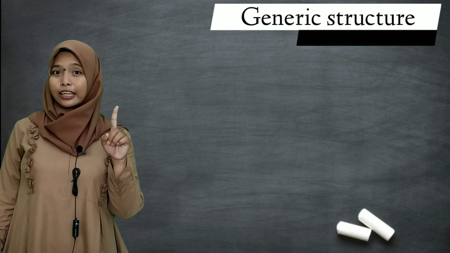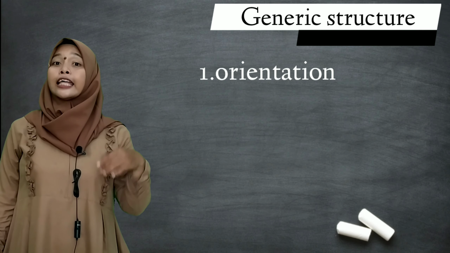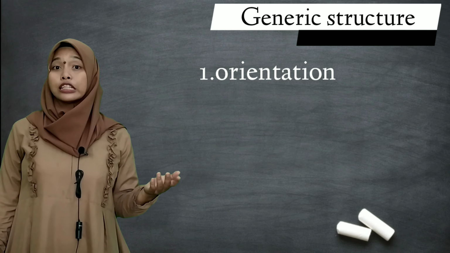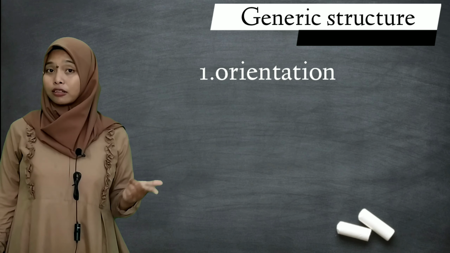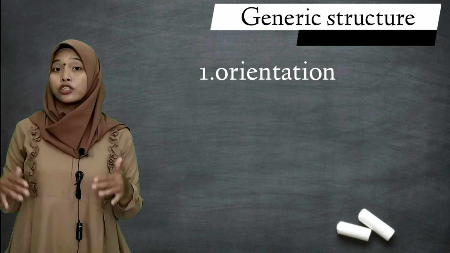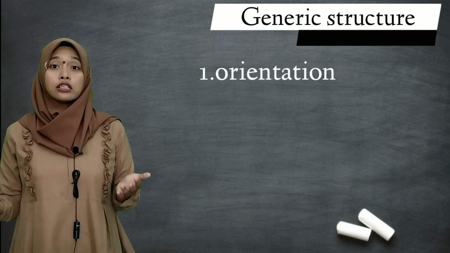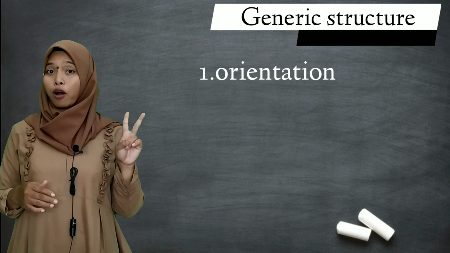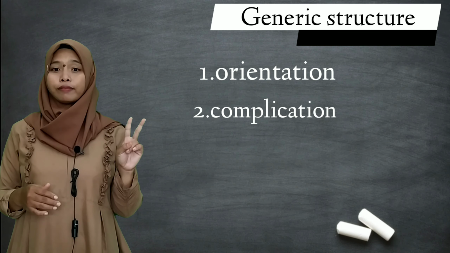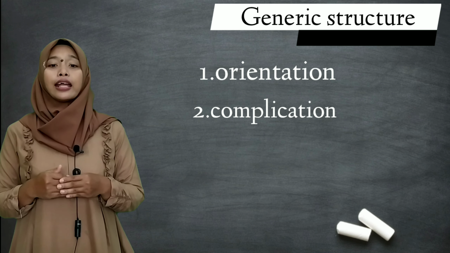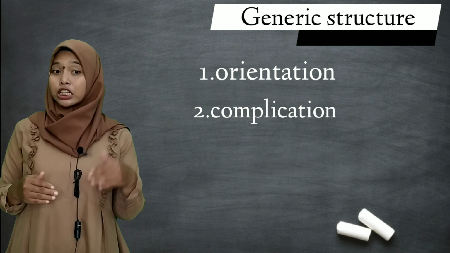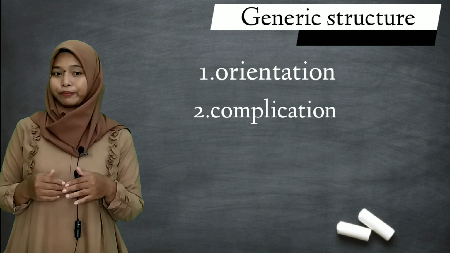Now, we are going to the generic structure and social function of narrative text. First one is orientation. This part introduces the setting and the characters included in the story. That's why it is called the beginning of the story. Second one is complication. It is called rising action or the middle of the story.